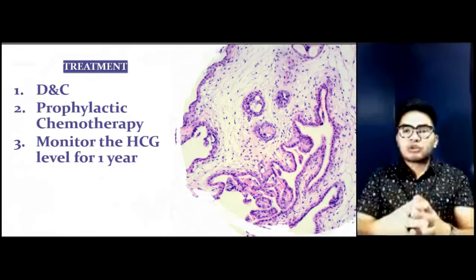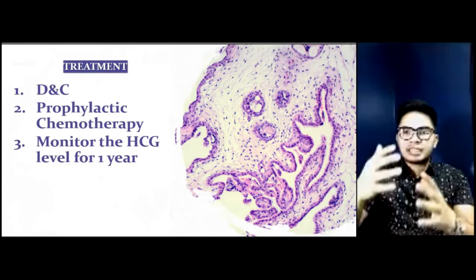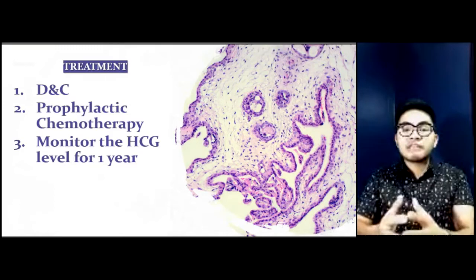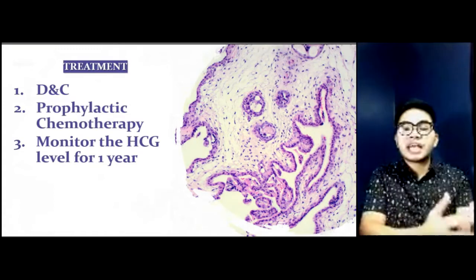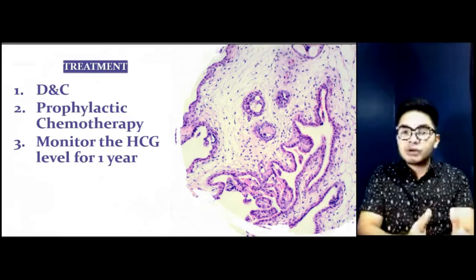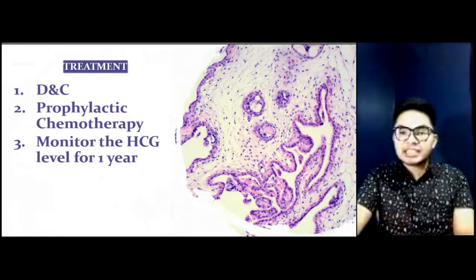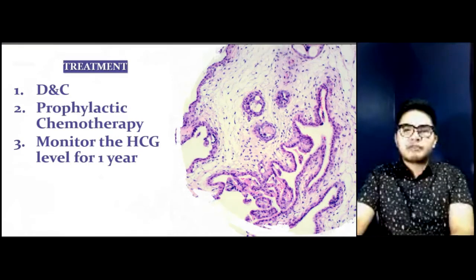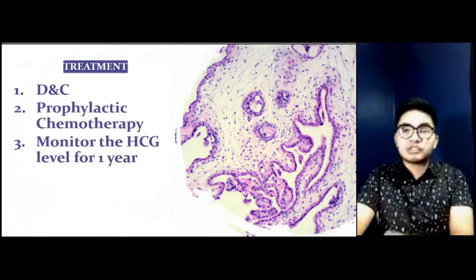That's why doctors recommend that the woman should avoid becoming pregnant during the first year after her diagnosis of H-mole. Because pregnancy would raise the HCG level, and it would be harder for the doctors to know if any molar tissues are left or if there is choriocarcinoma.